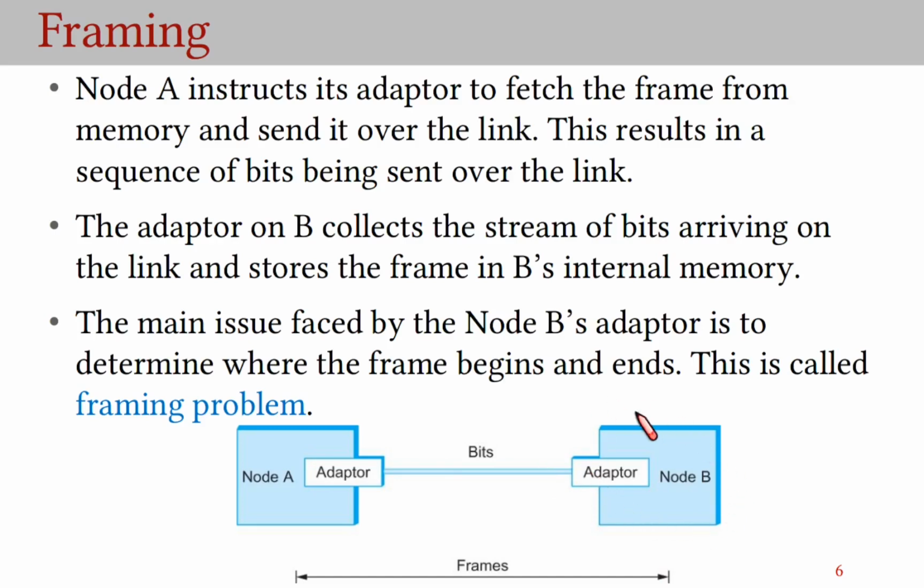On the receiver side, the adapter on B collects the stream of bits arriving on this link and stores the frame in B's internal memory. The main problem for node B's adapter is to determine where the frame begins and where the frame ends. And this is called the framing problem.